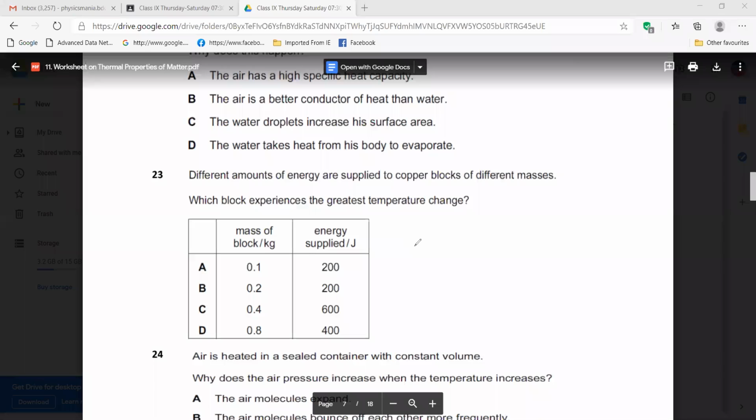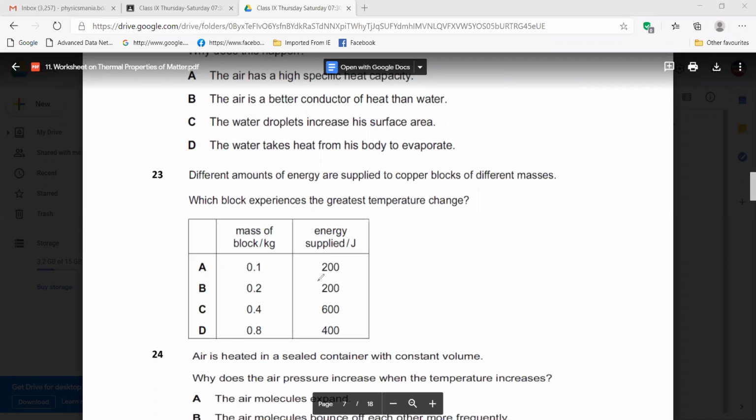I told you that c is the same for all, right? Yes, sir. So it's related to Q by m. You have to check which ratio is becoming greatest for Q by m. This one is Q, the energy supplied, and this one is m.